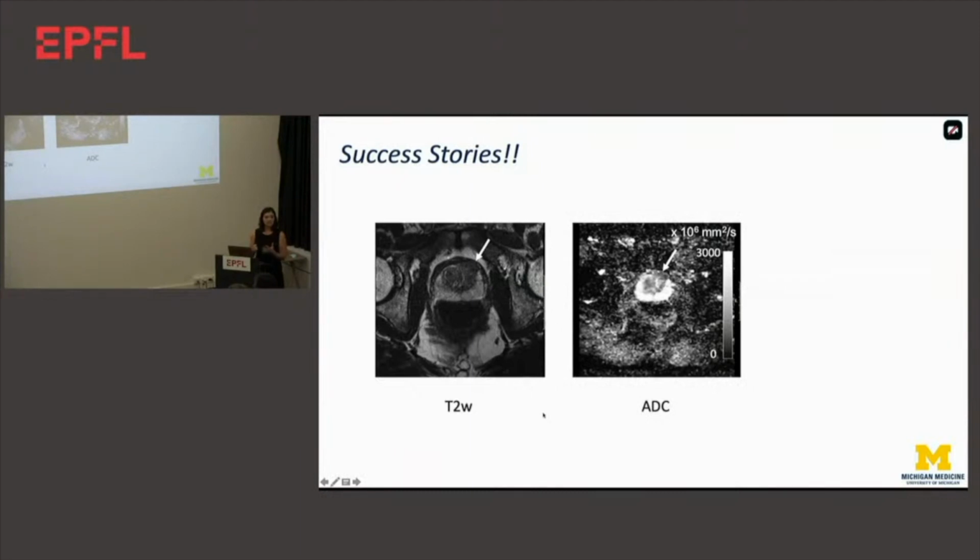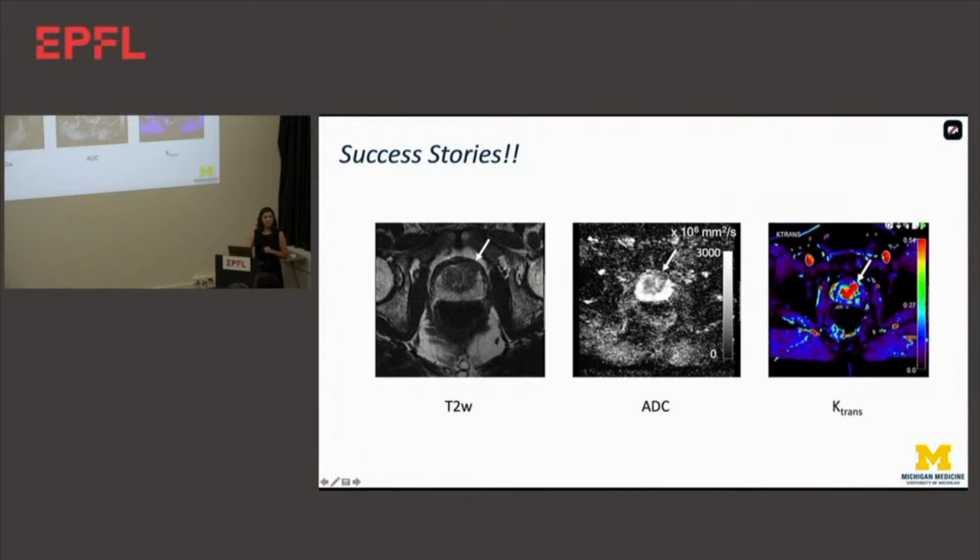This is essential in prostate cancer diagnosis, and we do make these maps, and they're used every day clinically. Sticking with the prostate, we can also make maps of perfusion. It's not quite clear if we need these to do our prostate assessment, but we do make these maps in the prostate and in other organs as well.